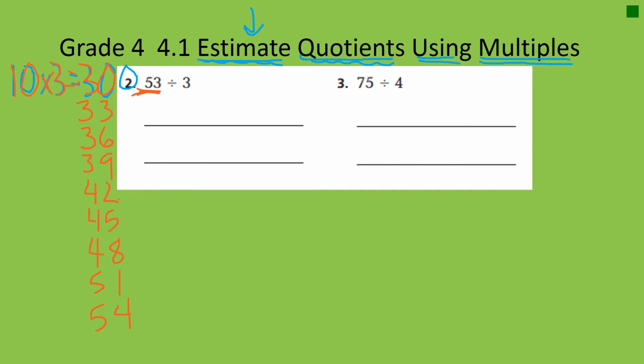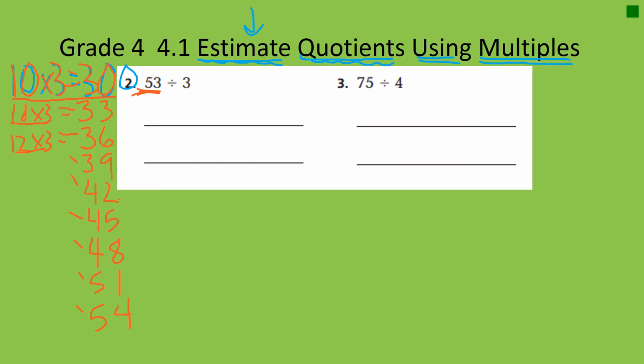So this is 11 sets of 3. This is 12 sets of 3. Now, you don't have to write that all the way down this list if you don't want to, because you know that this is 10, so that's 11, 12, 13, 14, 15, 16, 17, 18 sets of 3.